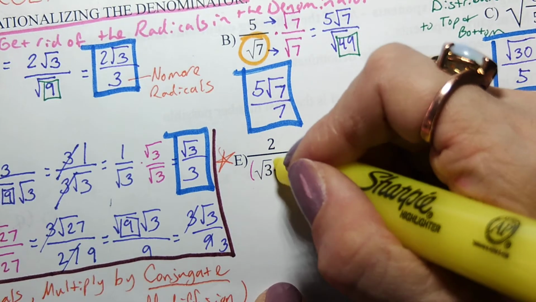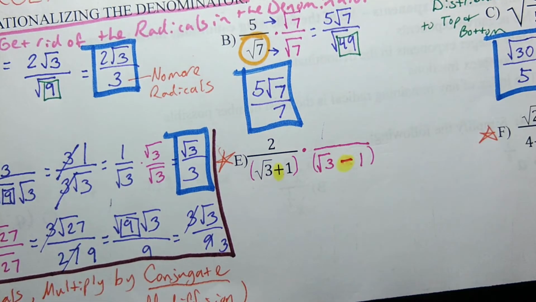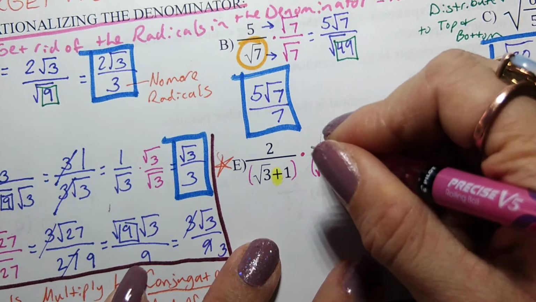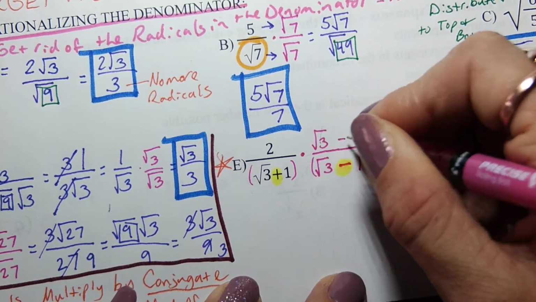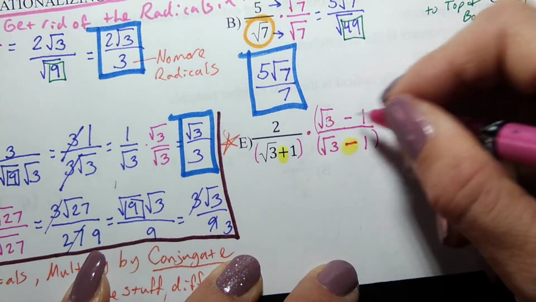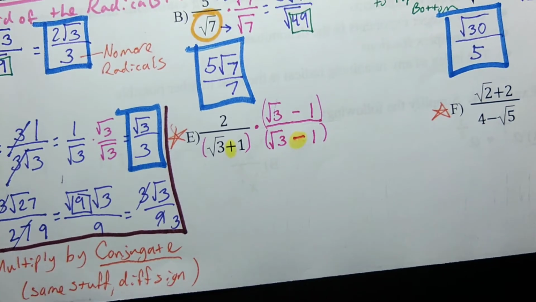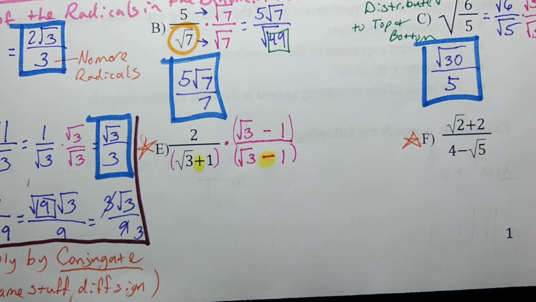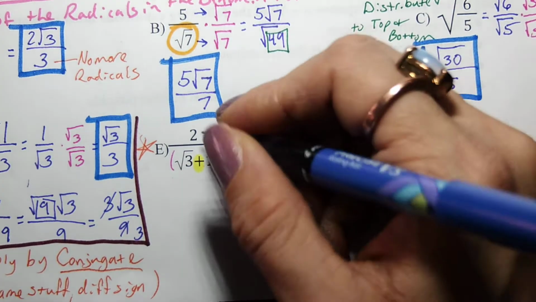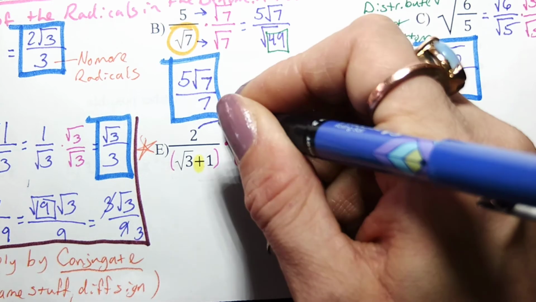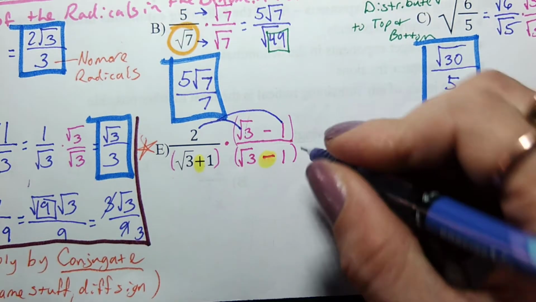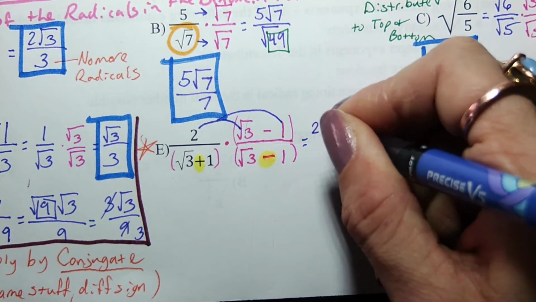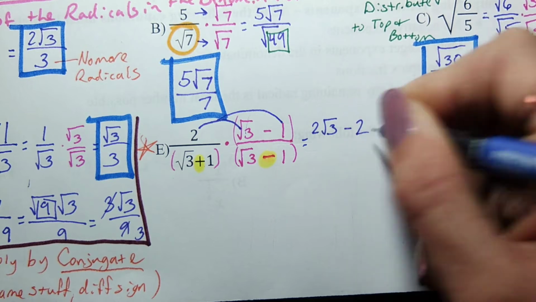So same stuff, opposite sign. And if you're like, ew, I don't like that we're going to have to FOIL. Yeah, but just multiplying by a monomial term wasn't getting rid of the radical for us. So it is a little bit grosser, but it is going to get the job done for us. So let's start with the top. Since that's a binomial, we'll distribute the 2 to both of those. So 2 rad 3 minus 2.